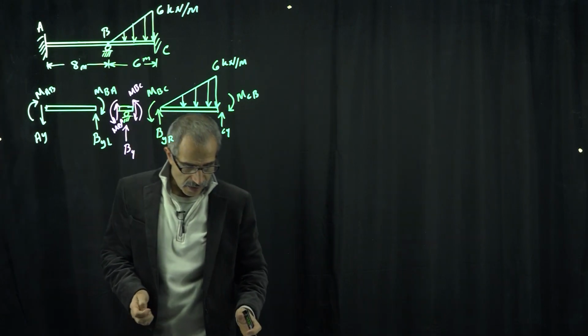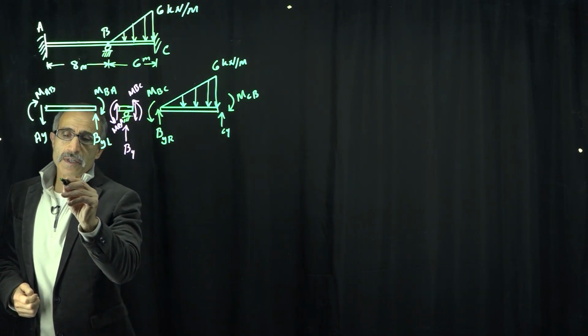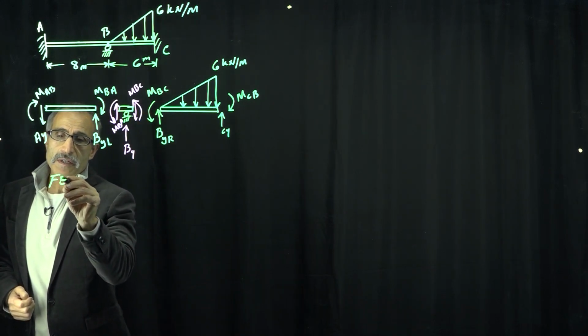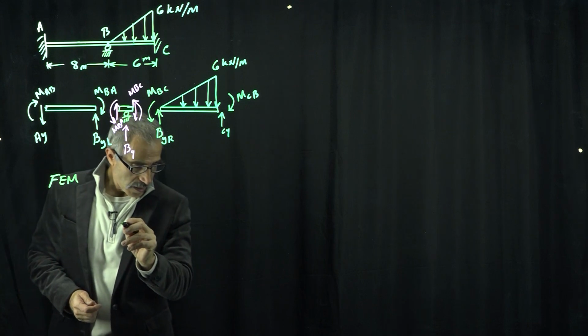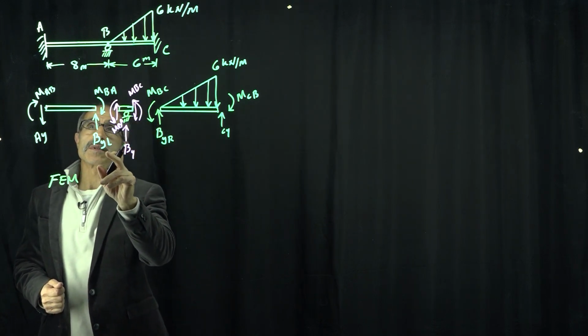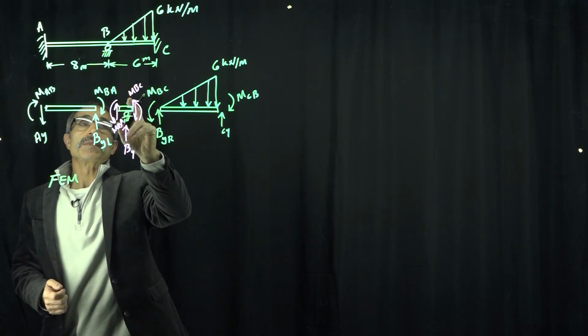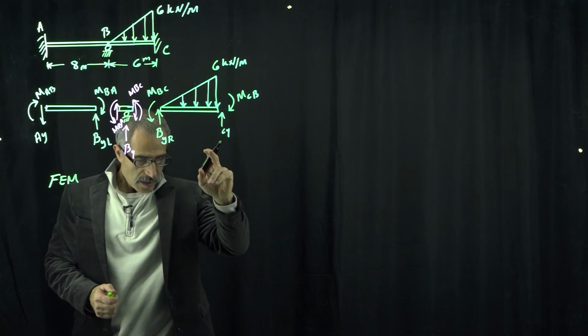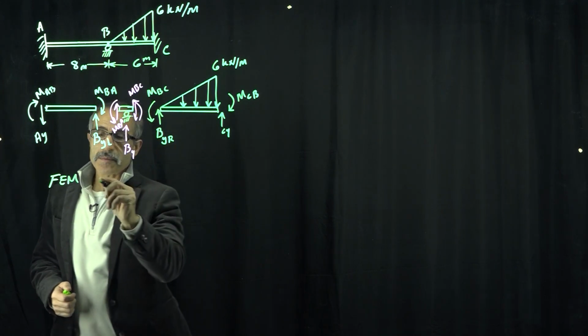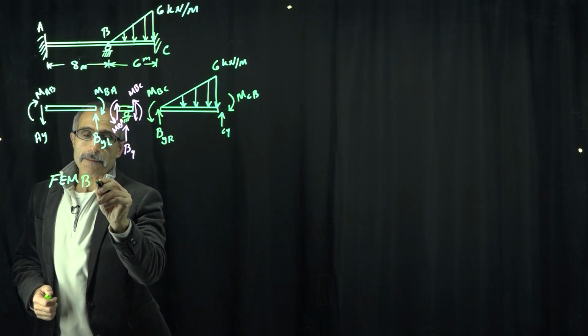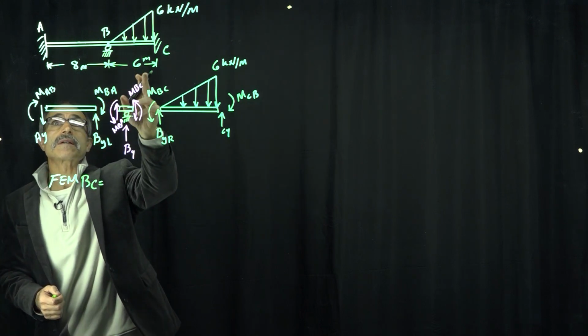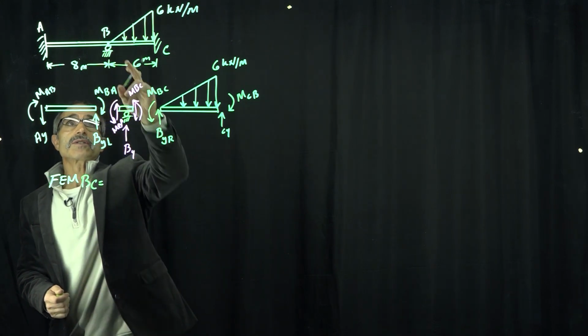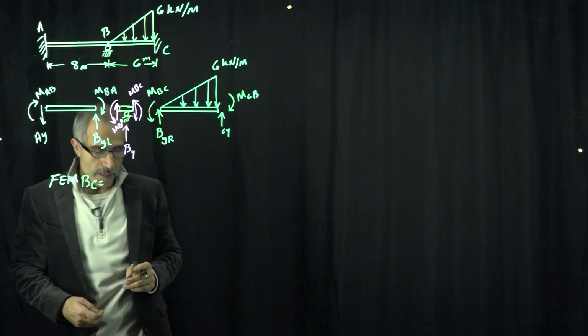What we're going to do is calculate the fixed end moment first. Fixed end moment at BC, right here. Since there's nothing on the other side anyway, we're going to focus on member BC.